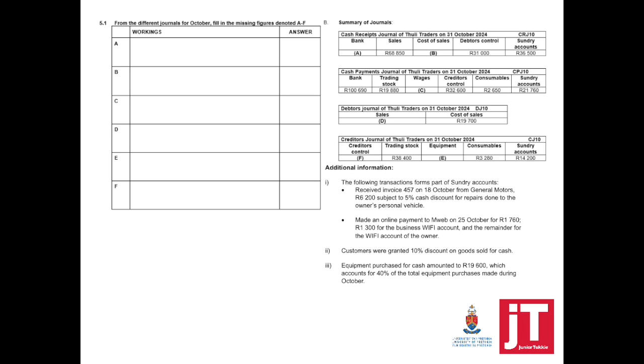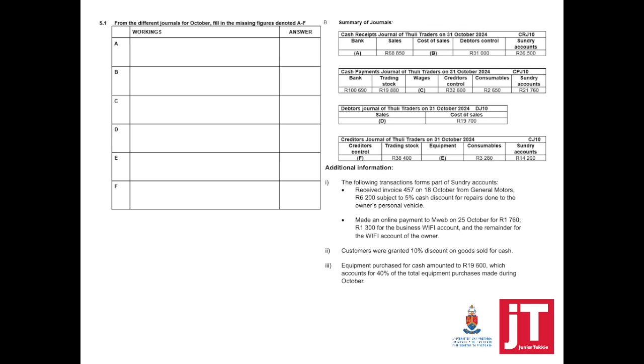And this is very important to understand, because in solving bank, you need to exclude cost of sales. Cost of sales is a non-cash item, which means cost of sales is the cost of the goods, which is our trading stock, which we've sold. And that's why when you see the word cost of sales, you should know that trading stock is involved.